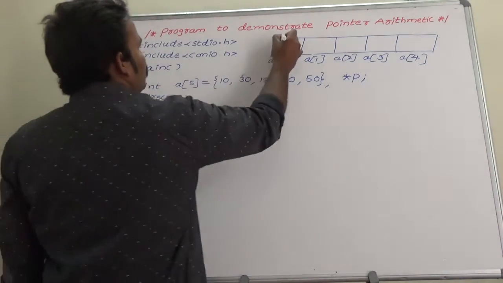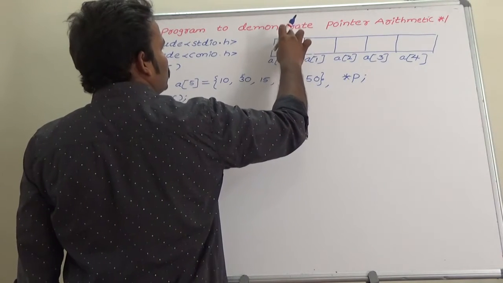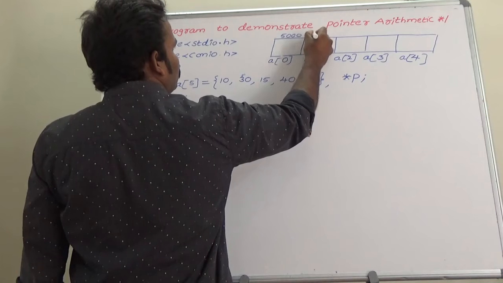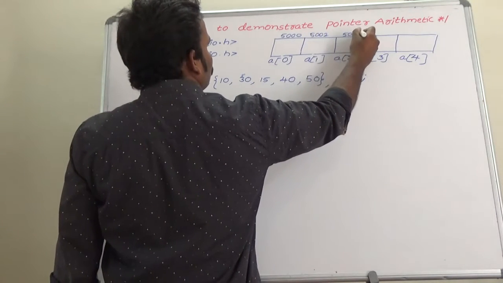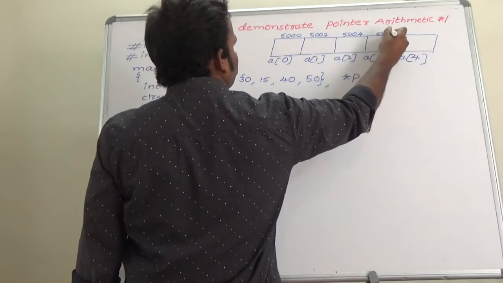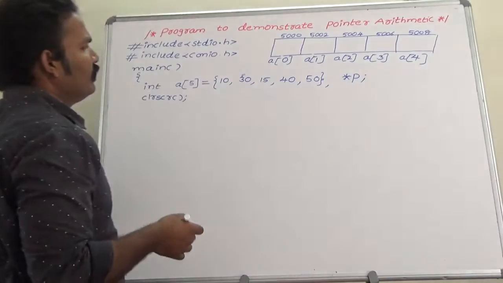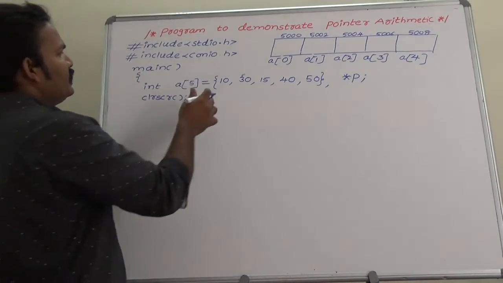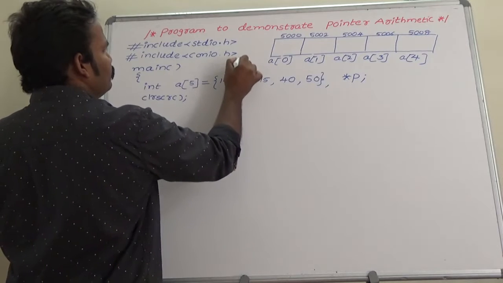The address of this memory block is 5000. Next 5002, 5004, 5006, 5008. Next, here we declared one pointer variable.